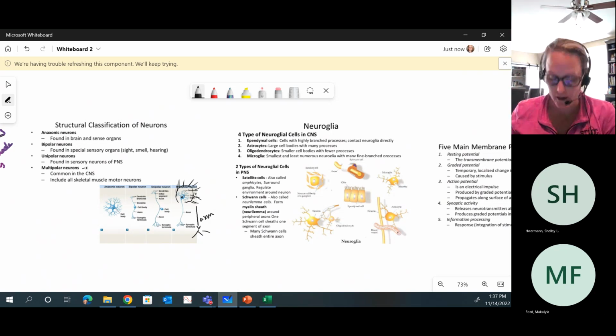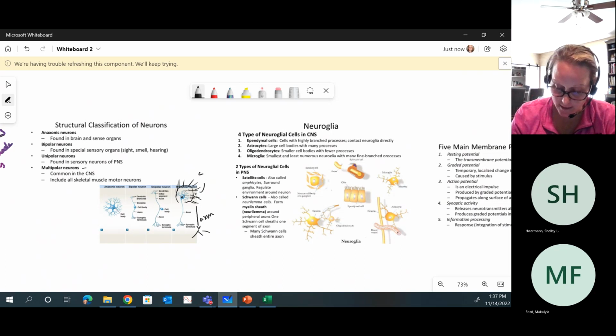And it's very common because this is what our somatic motor neurons look like. The head, for the somatic motor neurons, is going to sit in our spinal cord. And then its axon is going to exit and become part of your peripheral nerve.